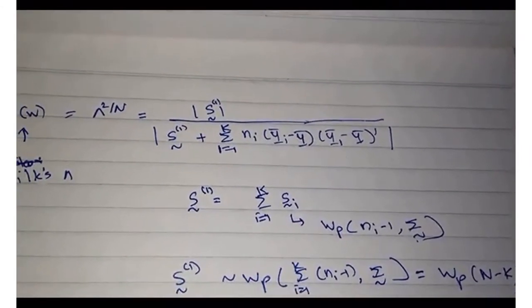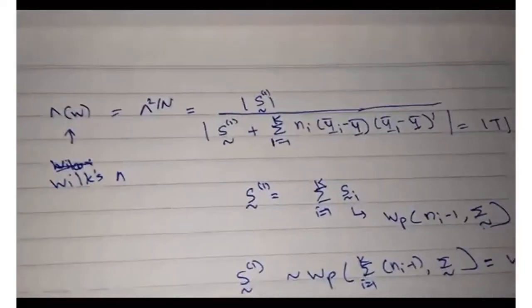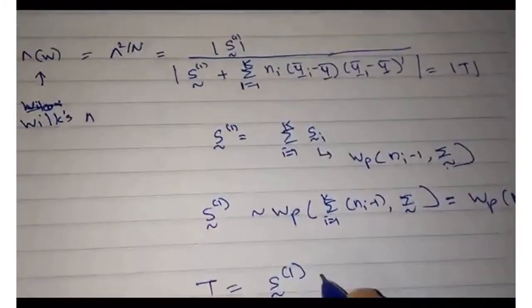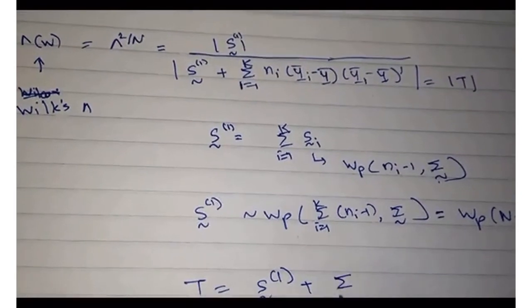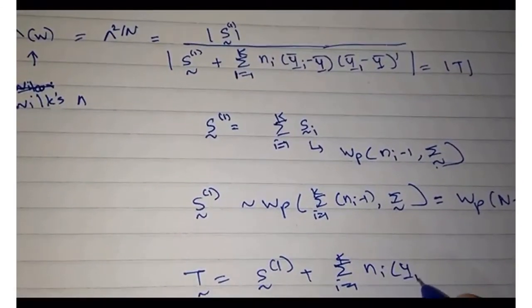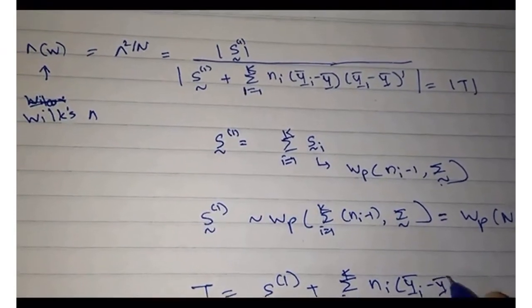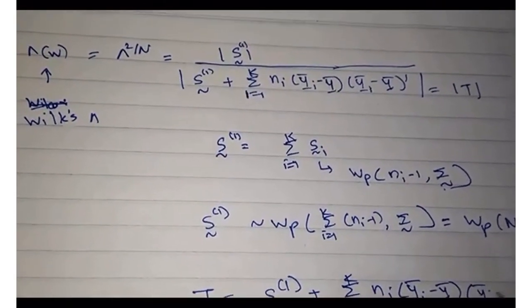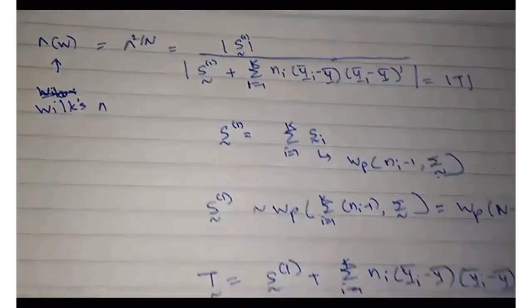Similarly, I will call the denominator term T. So my T matrix is this S matrix plus summation i going from 1 to k of ni (yi bar minus y bar)(yi bar minus y bar) prime.